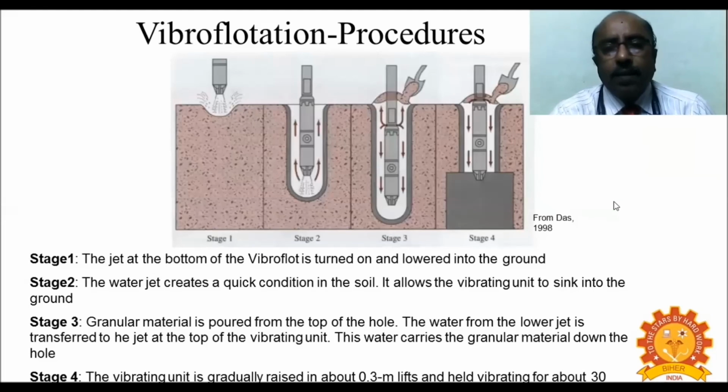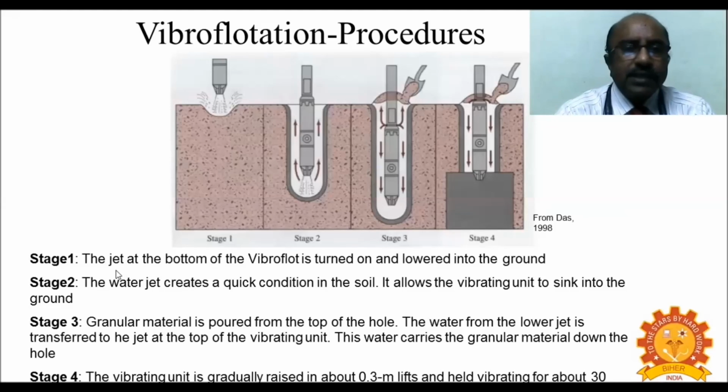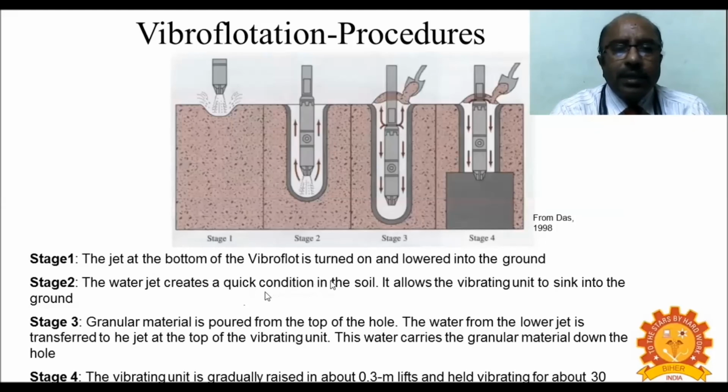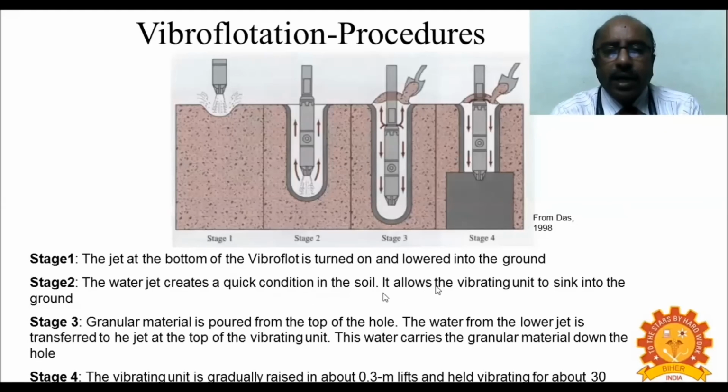Now we have four stages of the vibro-flotation process. The first stage is to introduce a jet at the bottom, forming a borehole-like structure in the loose soil, so that the jet ejects out all the loose material. It causes a quick condition in the soil, and it allows the vibrating unit to sink into the ground.